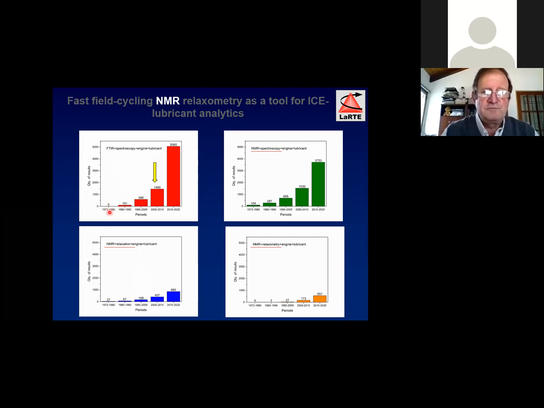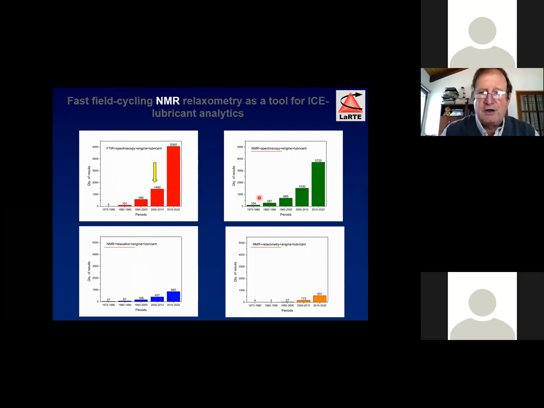Here you count papers, patents, and citations. For NMR, you have a much larger number at the beginning, but this is because, I hope, a lot of the works here were still using continuous wave NMR. But not here. Here, I should say that mainly the results refer to spectroscopy as we know it today. But I want to show you this point.